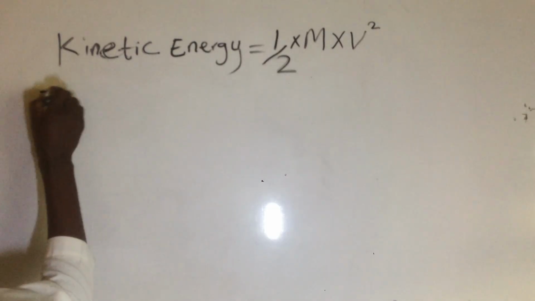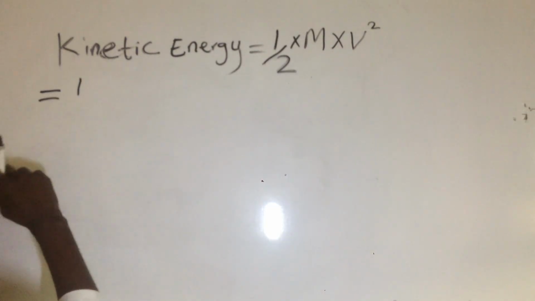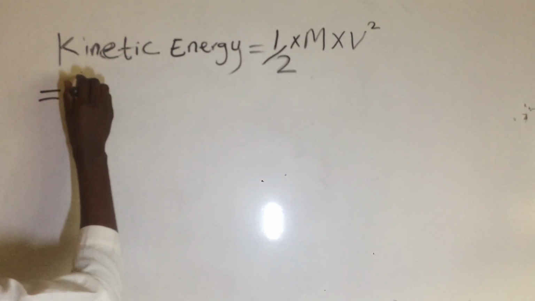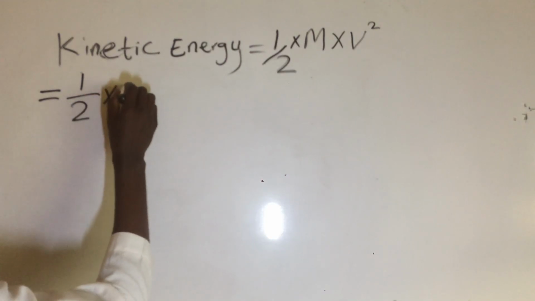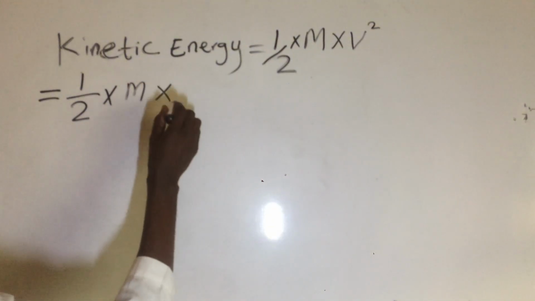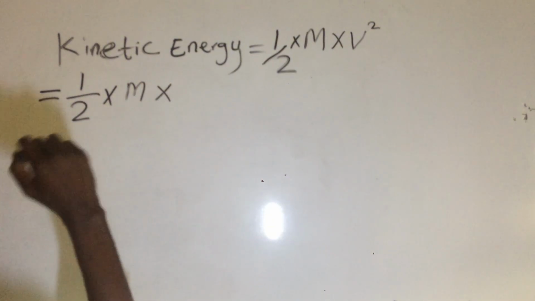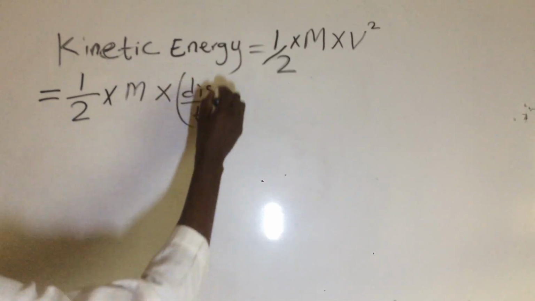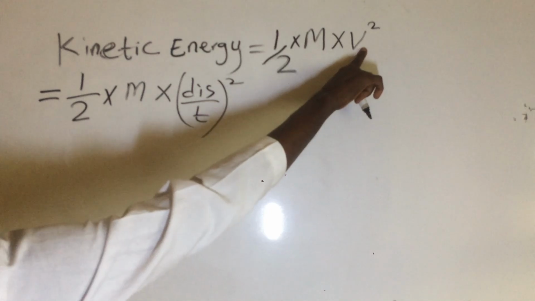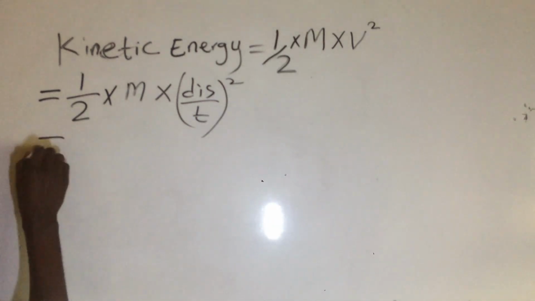Now, the dimension of kinetic energy will now become half times mass times velocity. Velocity has the formula distance over time, which I am going to square because this one is squared. Then let's continue.